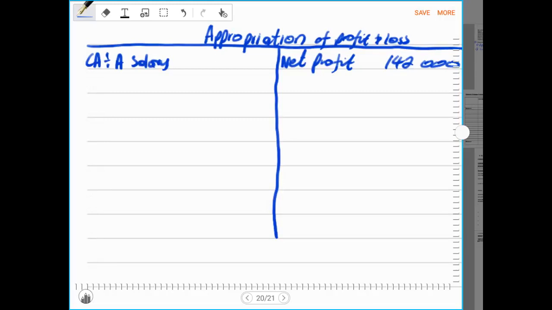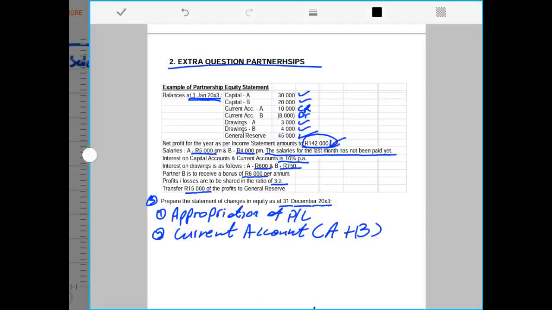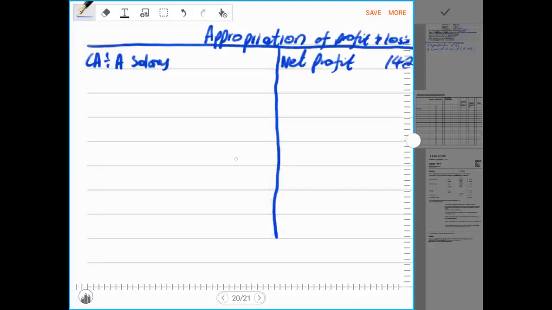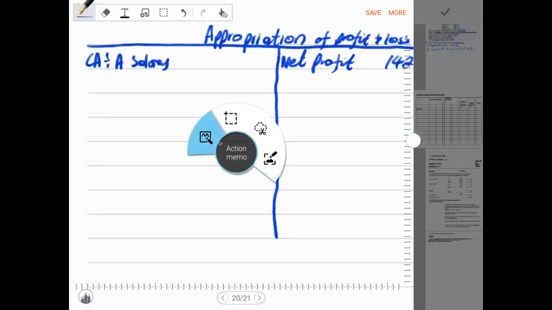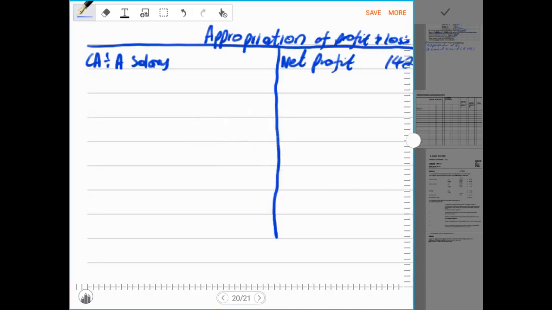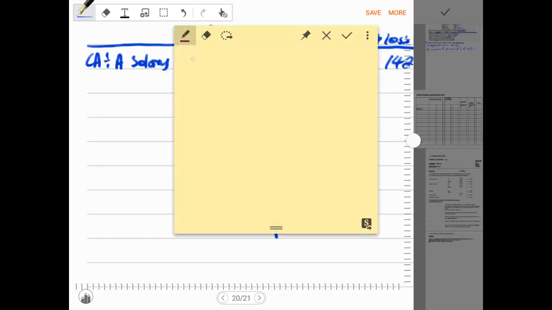If we say 5,000 times 12, that gives us a total salary of 60,000 rands for partner A.